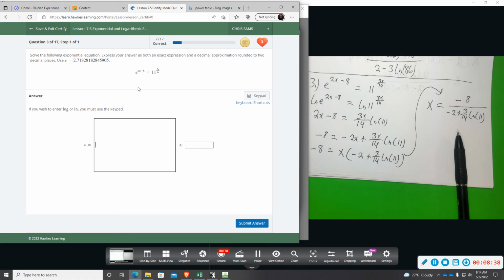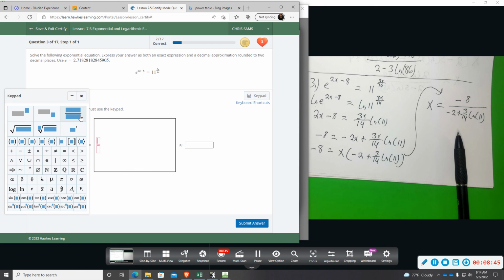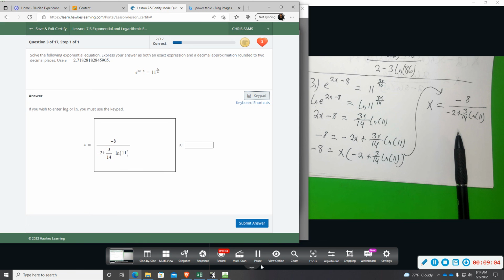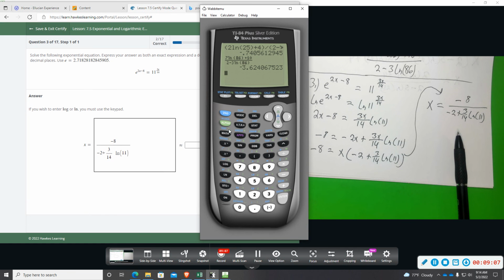We're going to punch it in and get an approximation. Negative 8 on top, negative 2 plus, I need a fraction down here, 3 over 14 ln of 11. And then in the calculator, I'll do the same thing, alpha y equal, and then enter.